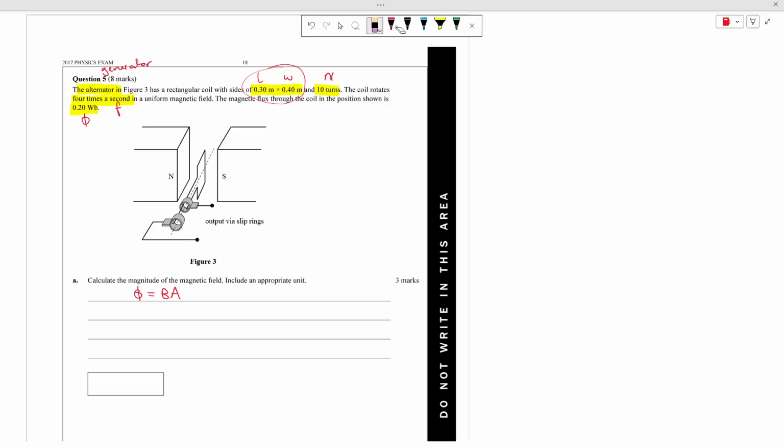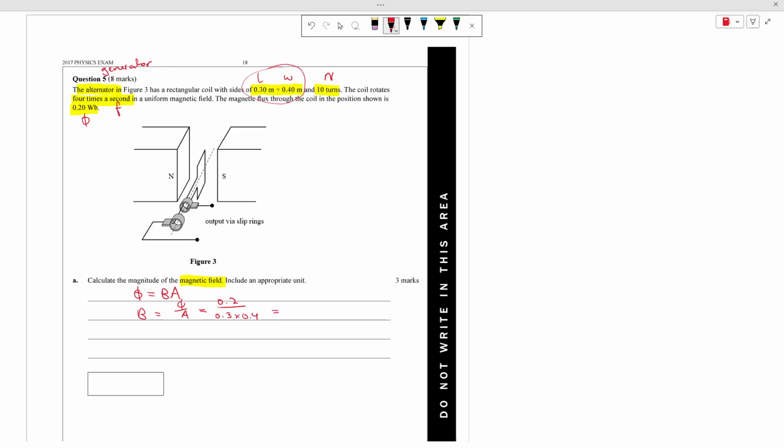Actually, I'll just write my working out on another line now. So we're required to work out the magnetic field strength. And so we've got B equals flux divided by area. Magnetic flux is given to us straight away, 0.2, over the area, that's 0.3 times 0.4.